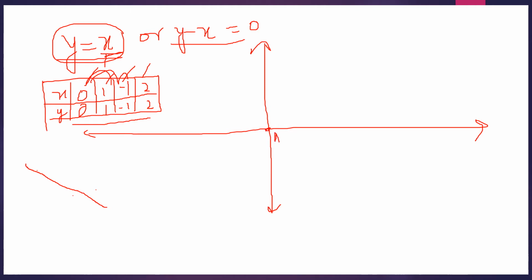Let's call it point A. Then we name the axes like this: minus 2, 3, 4, 5, x, x dash, y, y dash.